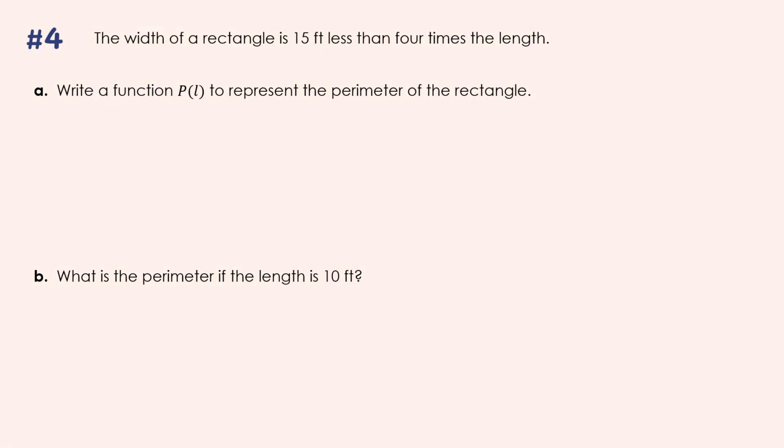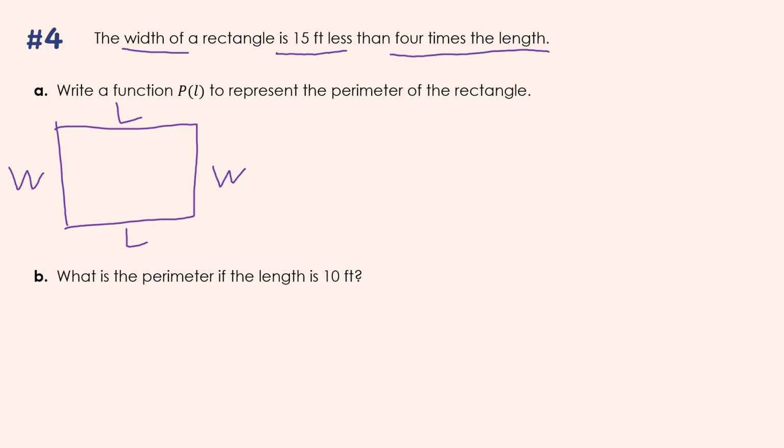So our last question is similar to number 3. This time we have the width of a rectangle is 15 less than 4 times the length. So I'm going to start by drawing that rectangle. And again, we normally have lengths and widths. But this time we know the width is 15 less than 4 times the length.